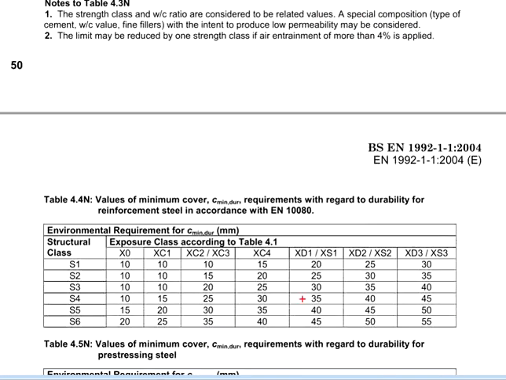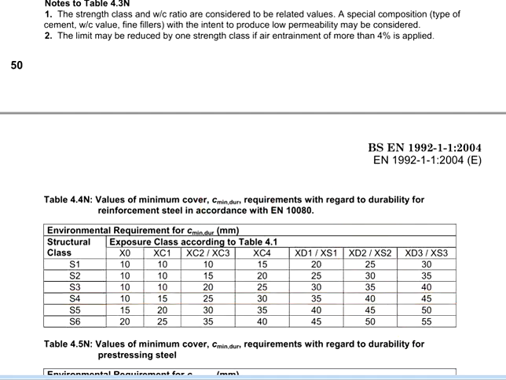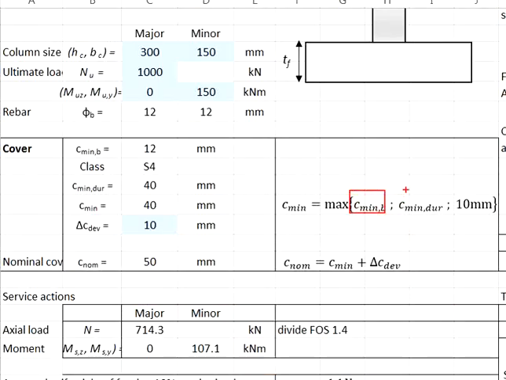Therefore, we will maintain at the structural class of S4. For XT2, the C min durability shall be equals to 40. Take the greater value of the 3. You have C min equals to 40 plus 10 mm deviations. Your nominal cover shall be equals to 50 mm.